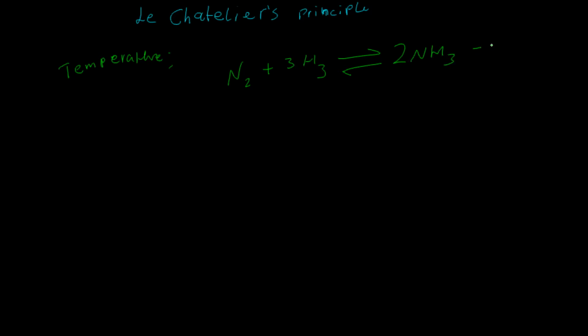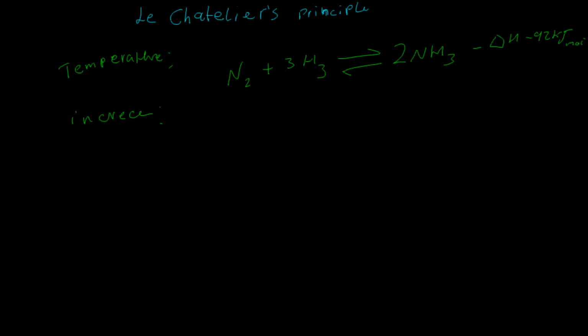This is an exothermic reaction, so we've got an enthalpy change of negative 92 kilojoules per mole. Now let's say we increase the temperature. Le Chatelier's principle states that whatever change we make to the system, the equilibrium will move to counter that change.